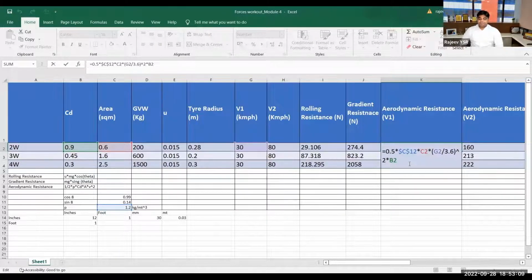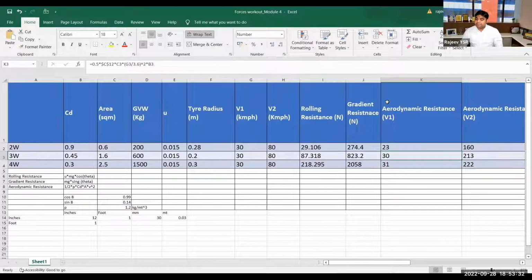The area is 0.6 square meters for two-wheelers, and the velocity is 30 kilometers per hour. When you do the entire calculation, the aerodynamic force acting against the vehicle is roughly 23 newtons on two-wheelers, 30 newtons on three-wheelers, and 31 newtons on four-wheelers.